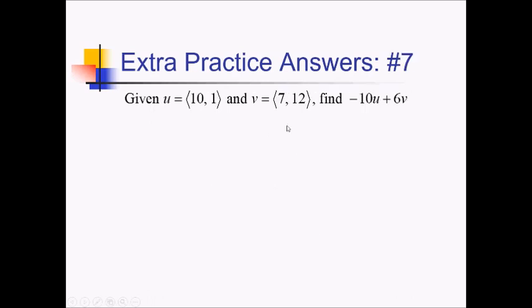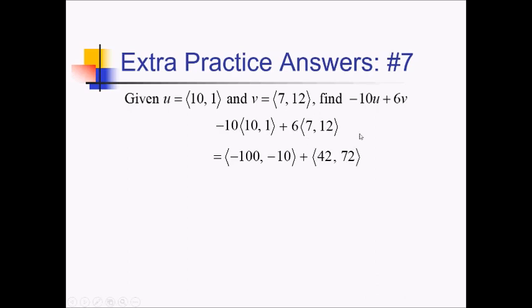On this problem, I'm trying to do negative 10u plus 6v for these 2 vectors. So let me just plug in the component forms. I've got negative 10 times 10, 1, plus 6 times 7, 12. Distributing those scalar factors outside, I've got negative 100, negative 10, plus 42, 72.